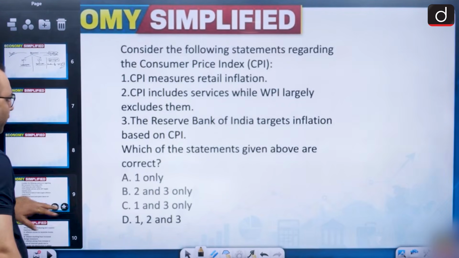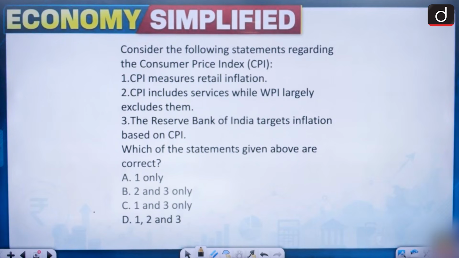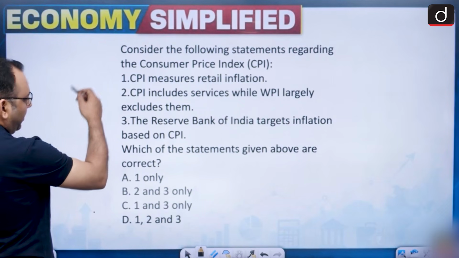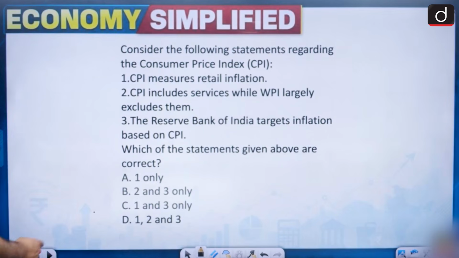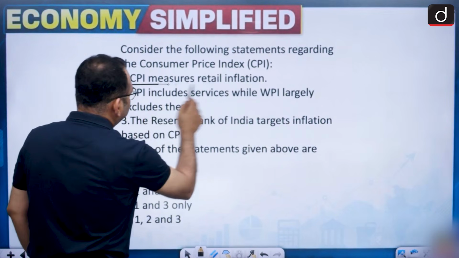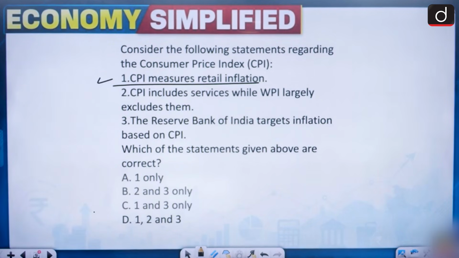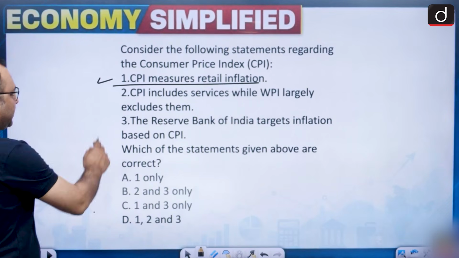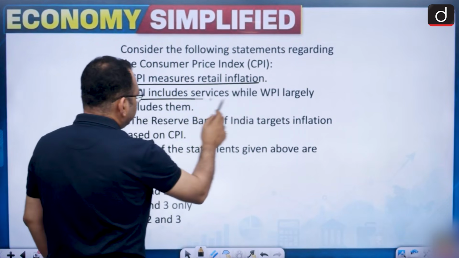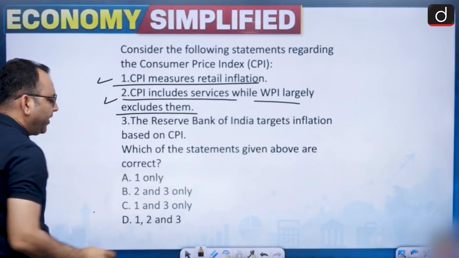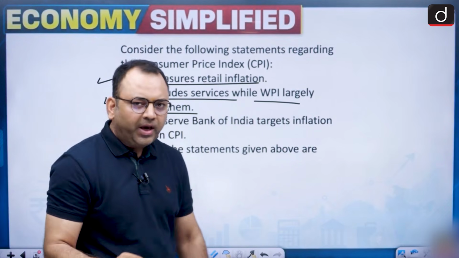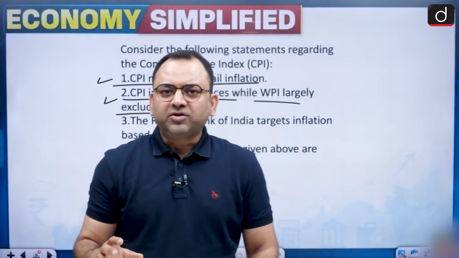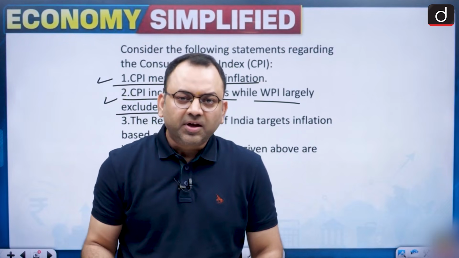Suppose we take a question: which of the following are correct? The first statement is that CPI measures retail inflation. This is true. CPI includes services while WPI excludes them. Friends, it's true, because WPI is the wholesale price index only for commodities, for goods.